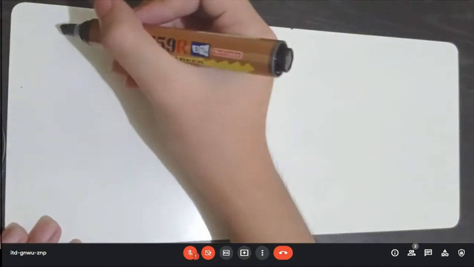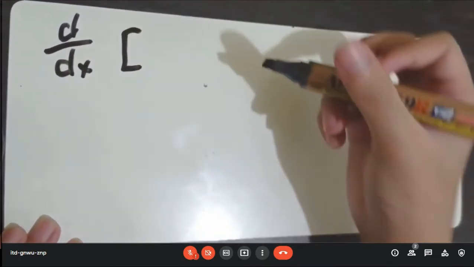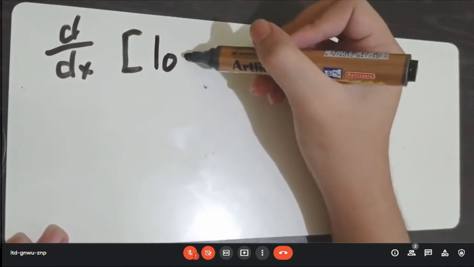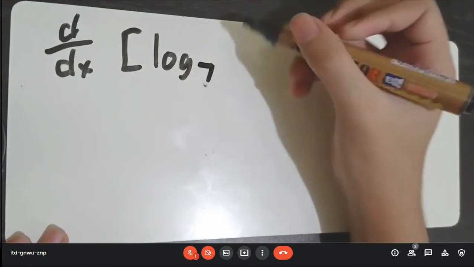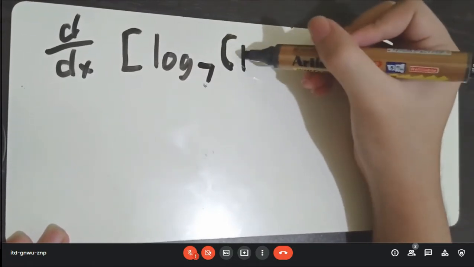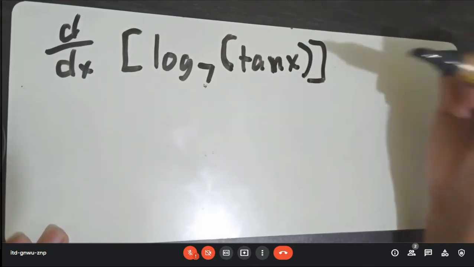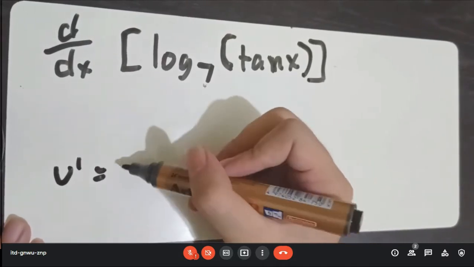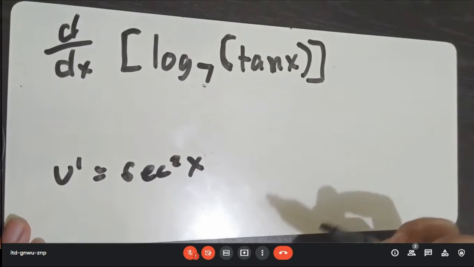The final example is what's the derivative of logarithmic base 7 of tangent x. So the derivative of u here is secant squared x.